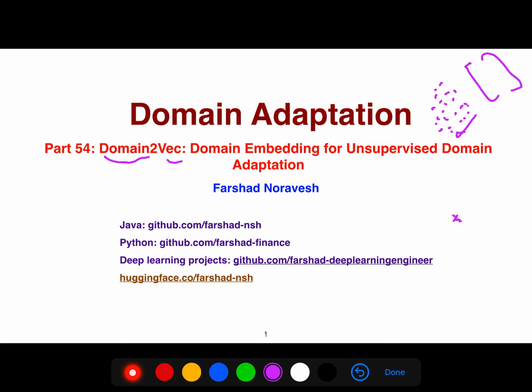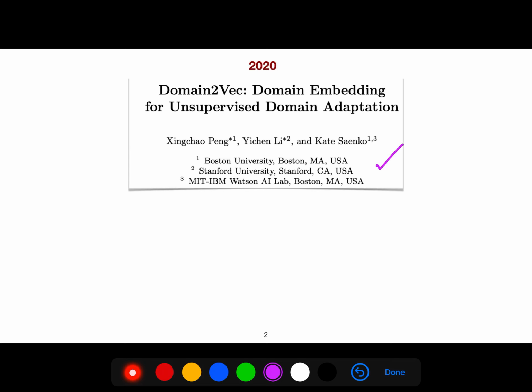Instead of saying domain from 1 to 10, you can say domain from 1 to, for example, infinity or 1000. So this paper in 2020 is very important. It is written by Stanford and Boston and IBM, MIT.